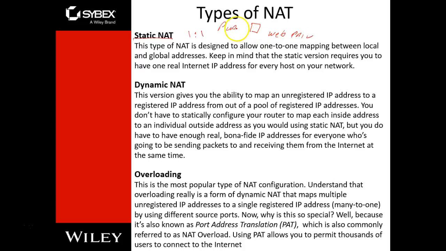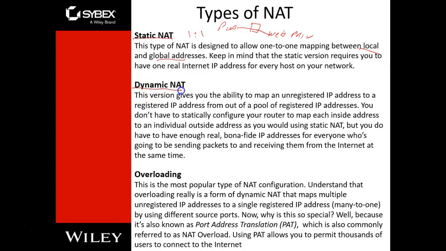I've done this before. We would static NAT a public IP address to our private IP address so that it would always get there. So if you want something to stay the same in NAT, you use static. It's a one-to-one mapping between the local addresses, which are private addresses, and global addresses, which are public, routable addresses.